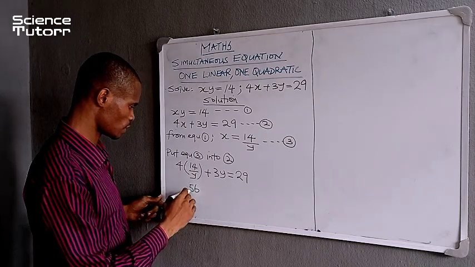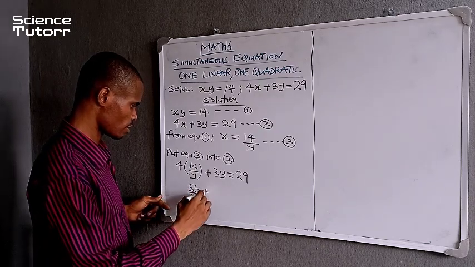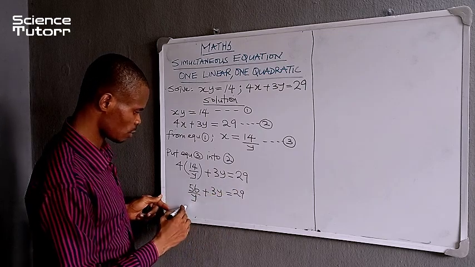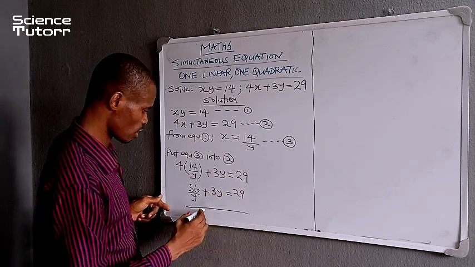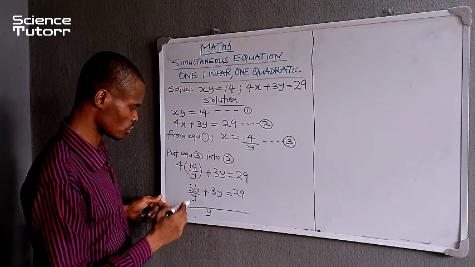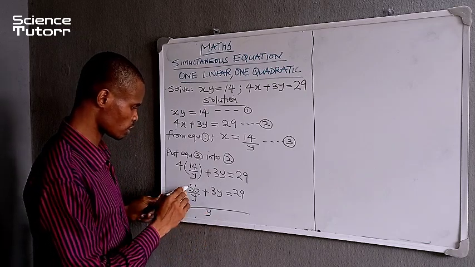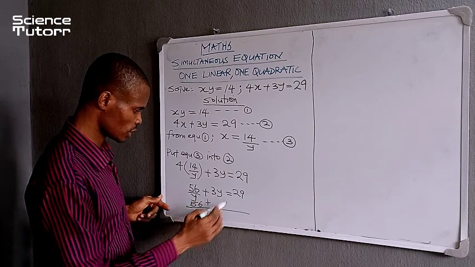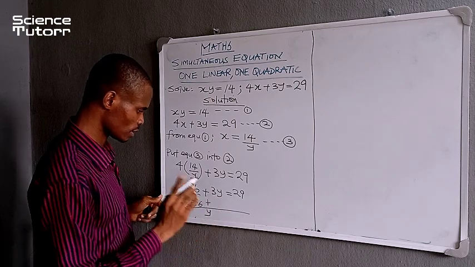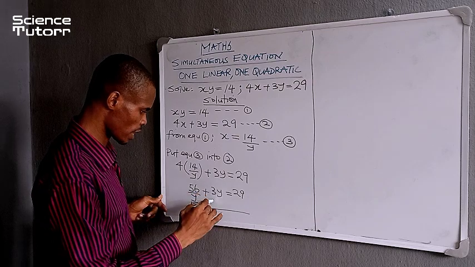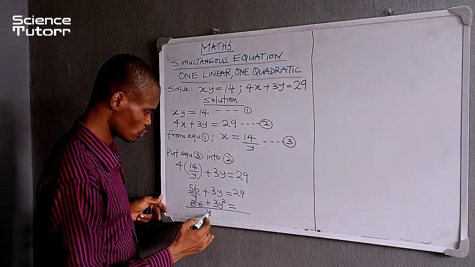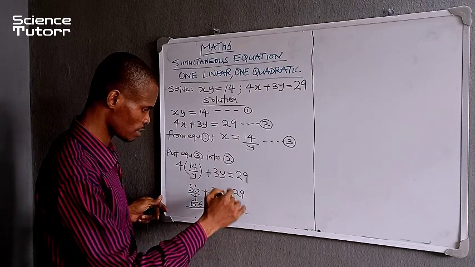So we have 56 over y plus 3y equals 29. At this point, I can take the LCM all through in order to clear the fraction. So this divide, get 1 times 56. This gives us 56 plus this divide 1 is y times 3y. That gives us 3y squared, which is equal to y divide 1 times 21.